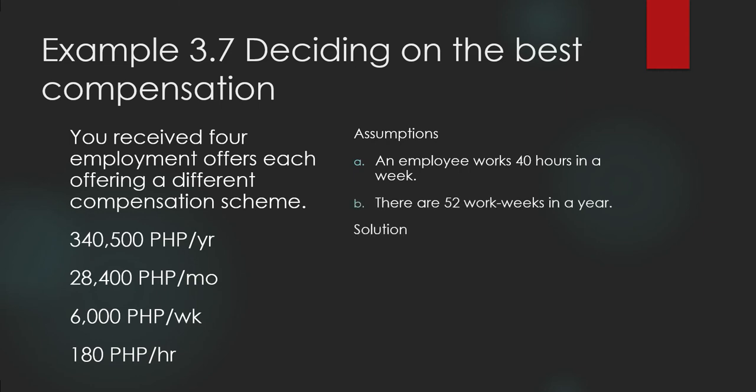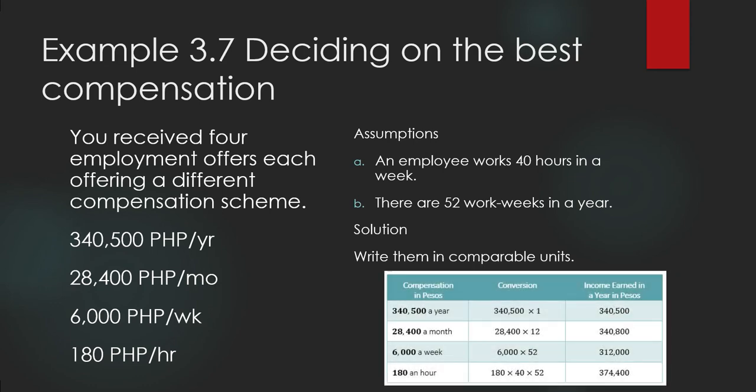The first thing we must do is make them comparable. Let us choose income per year as our benchmark for comparison. We will convert these payment schemes into income per year.